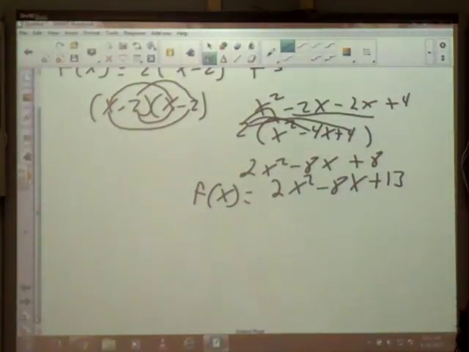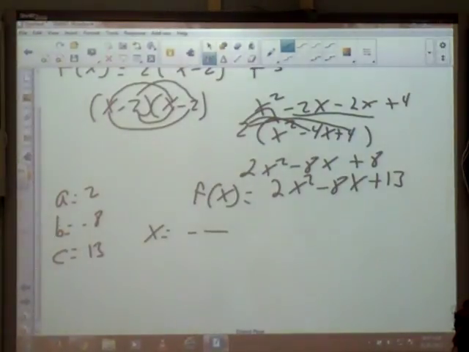Okay? So now, this is what Chloe was ready for. What's our A? 2. What's our B? -8. And our C? 13. So to start finding the info on this graph, you're always going to start with that formula for axis of symmetry.